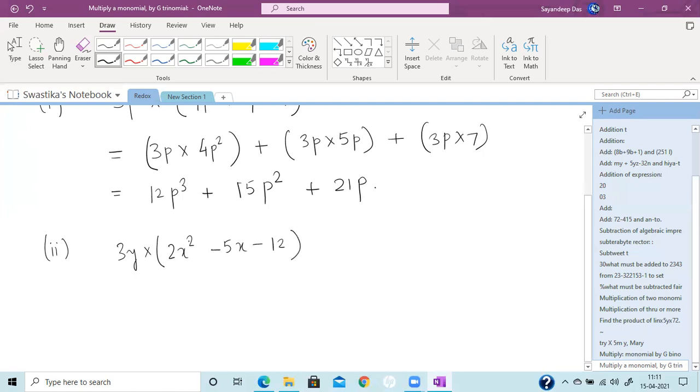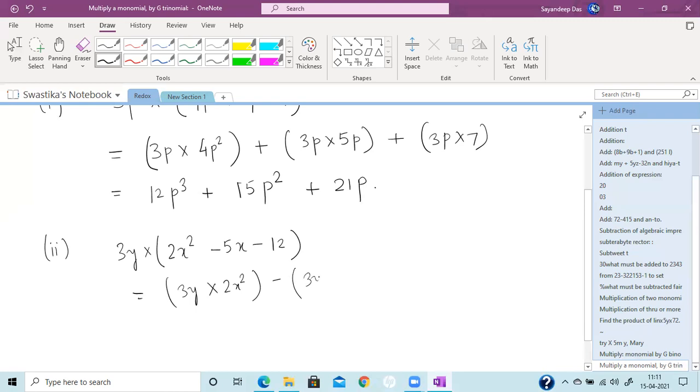Now when you do this, you do 3y into 2x square first. Then you multiply the signs, plus 3 and minus 5, so plus minus is minus.